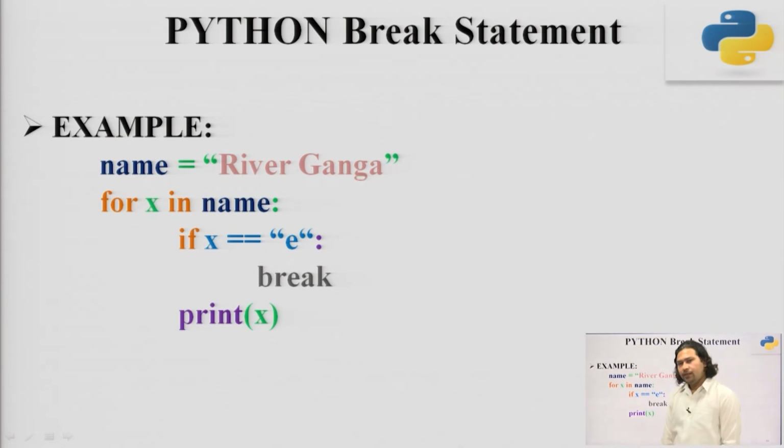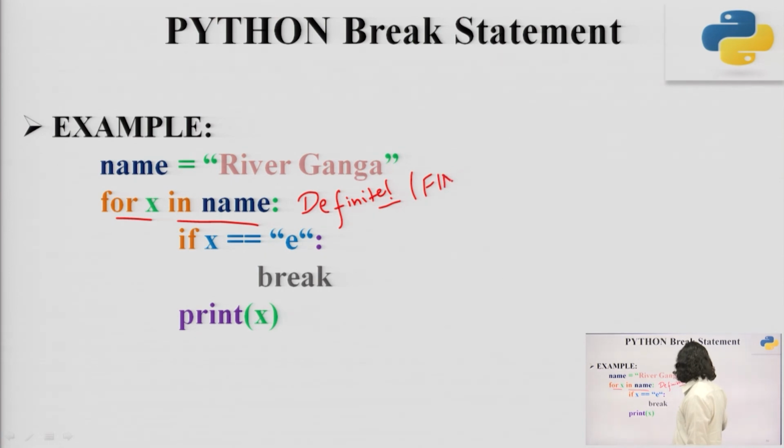Next is again the break statement, and how we are going to apply it. Look at this in the for loop, and it is very easy. There are no further conditions, because this for loop is a definite one, that means finite, and due to this the whole operation is finite.